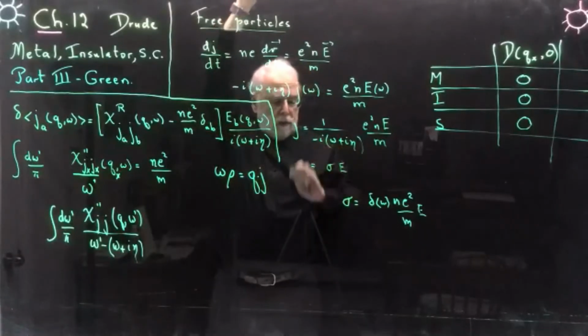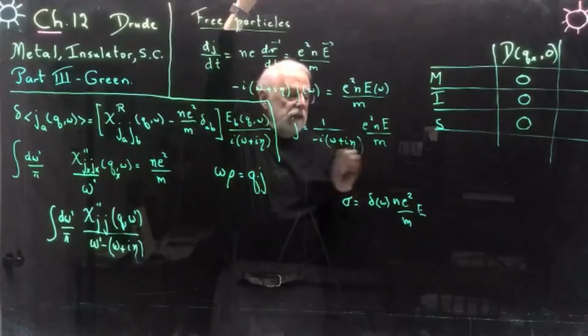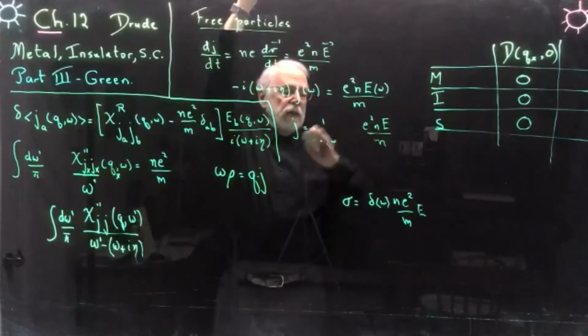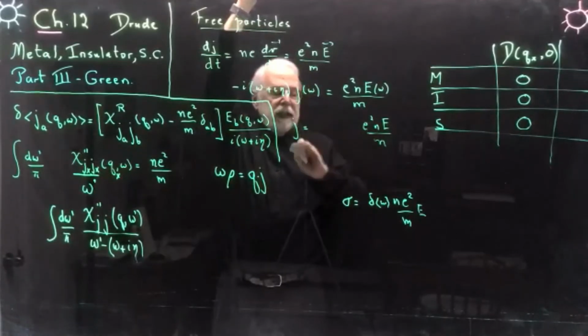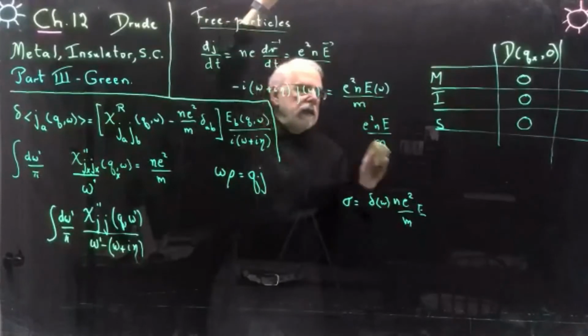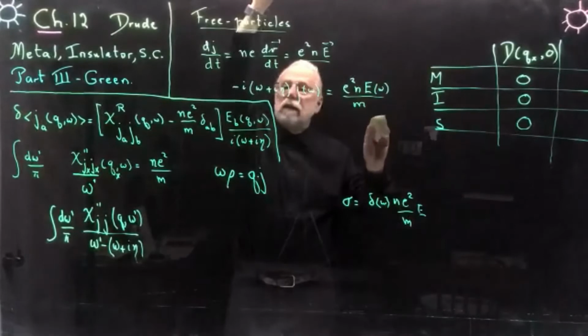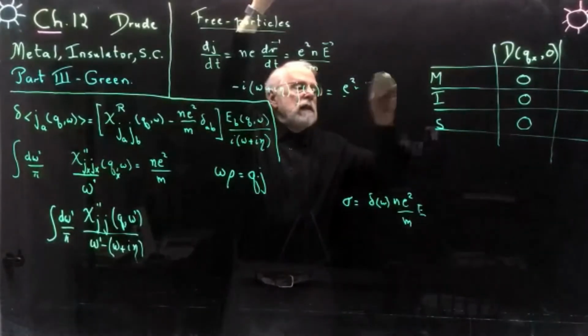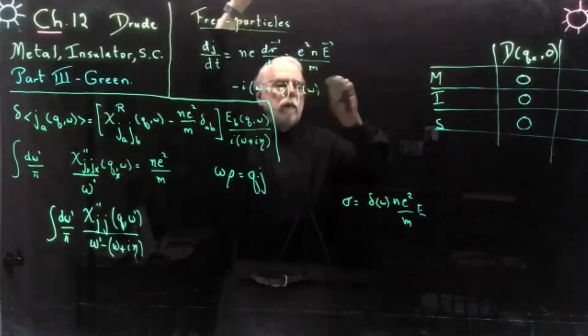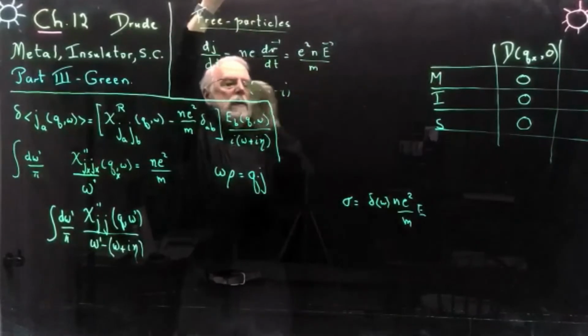Even if the system is interacting, if it is a metal, it should have a delta function response at 0 temperature with no impurities. So again, to make the distinction sharp, we need to be in these limiting cases.